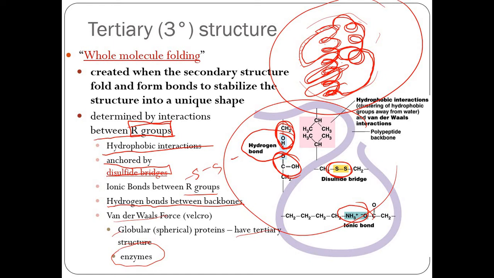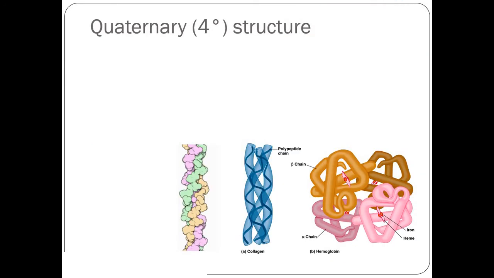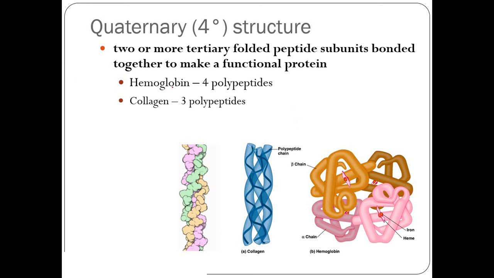Okay, so in quaternary structure, you have more of this. You don't have just one tertiary structured protein. It's more than one, and those proteins are interacting with one another. So it's two or more tertiary folded peptide subunits, such as this one.